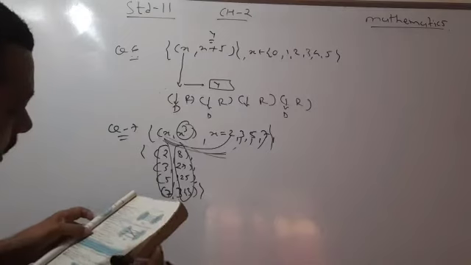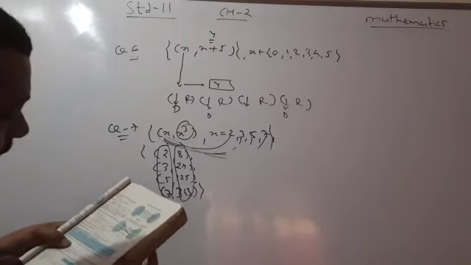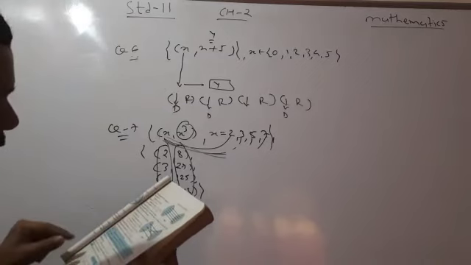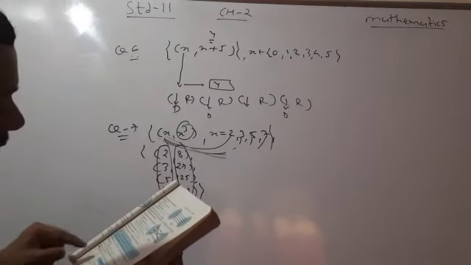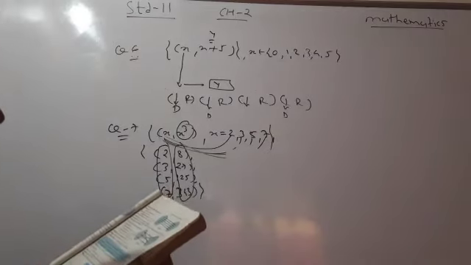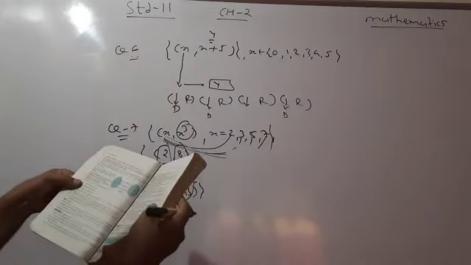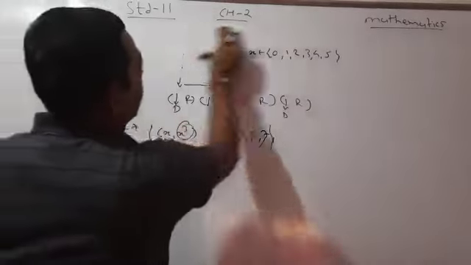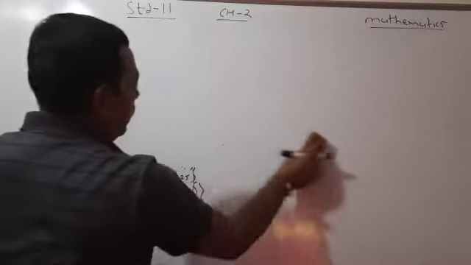Now just like in example number 9, A is {1, 2}, B is {3, 4}. The number of relations from A to B is based on A cross B. The number of elements of A cross B is 4, and then 2 raised to that number is the number of relations. So in general here in question number 8, only 2 questions are left, 8 and 9.